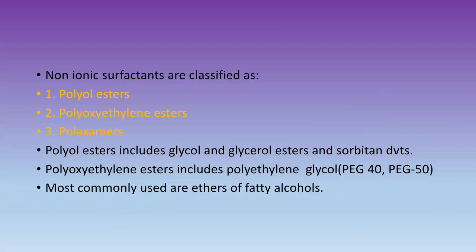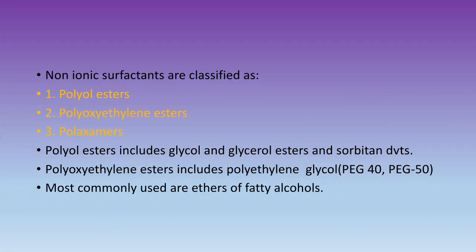Now, polyol esters include glycol and glycerol esters and sorbitan derivatives. So this is the chemical composition of the polyol esters, that it mainly includes the glycol and the glycerol esters as well as sorbitan derivatives.